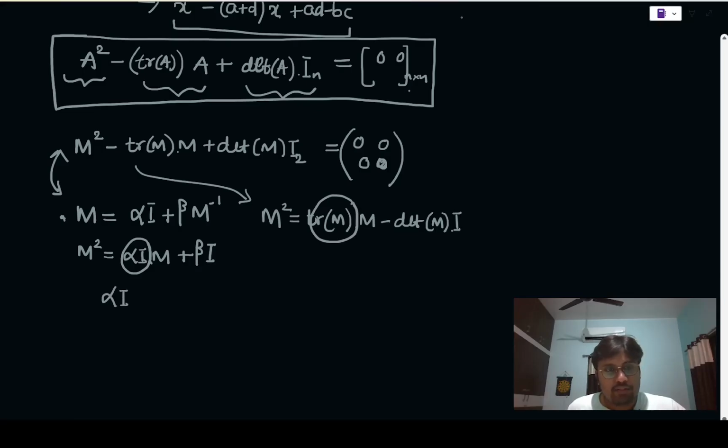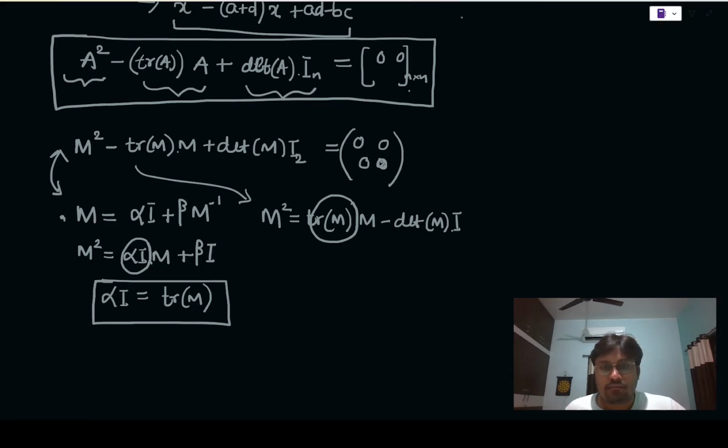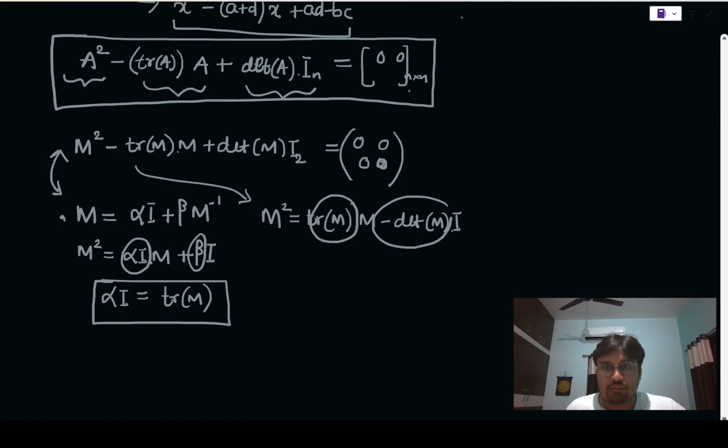So alpha times identity matrix is just trace of M. This is the first thing that I know. And what's more is, for this particular part, if you compare this, beta is literally negative of determinant of M. So the second part is beta is negative of determinant of M.